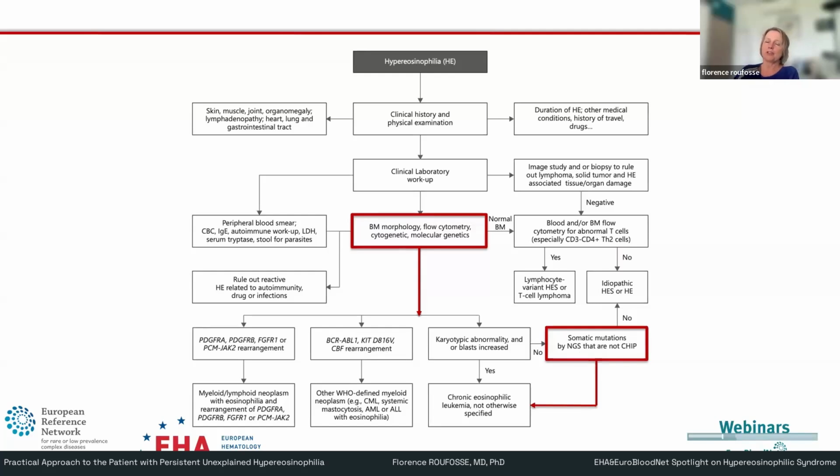So many of these patients are at one point in time concentrated in referral centers, which are going to be able to perform these less routine investigations looking for polymorphisms that have been described in small subsets of patients, which are obviously not those related to aging, but which have been shown to be related to clonal myelopoiesis.